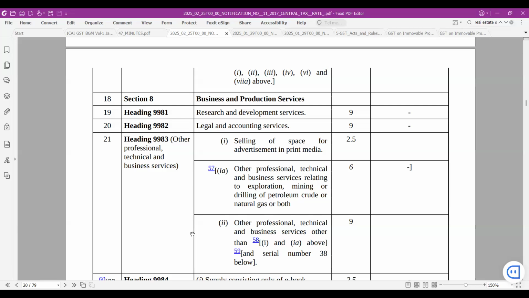We look at that annexure, 99721. It has all that, no? Rental or leasing, residential, non-residential.